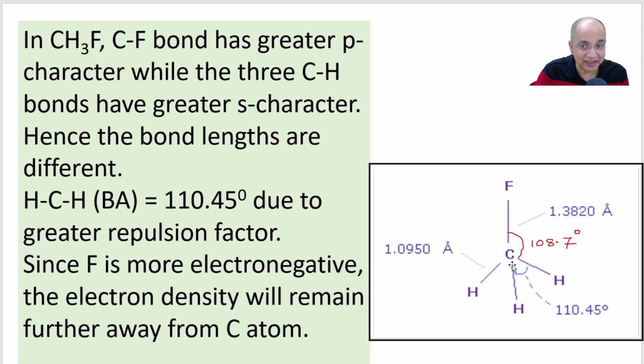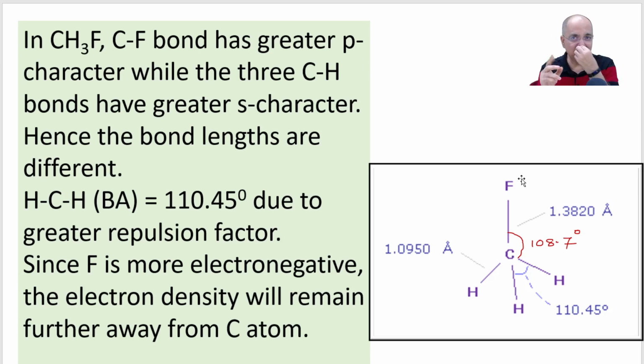which says that yes, carbon uses sp3 hybrid orbitals, but since hydrogen is more electropositive or less electronegative than fluorine, the hybrid orbitals used towards hydrogen will have relatively more s character than the hybrid orbital used in the direction of fluorine. Conversely, the p character in the hybrid orbital in the direction of fluorine is more.